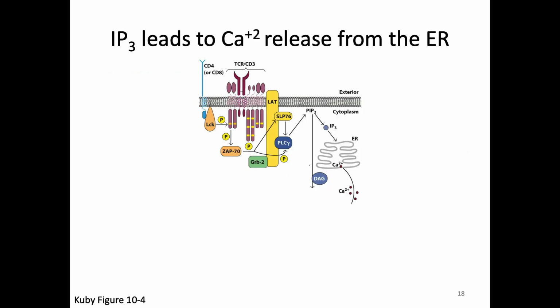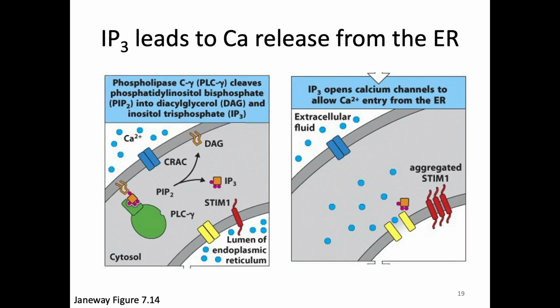This is a figure that shows the same thing in slightly more detail. This little yellow thing is not labeled, but it's the IP3 receptor. Here's PLC gamma. It's cleaving my phospholipid, PIP2, to make DAG and IP3. IP3 binds to the IP3 receptor.